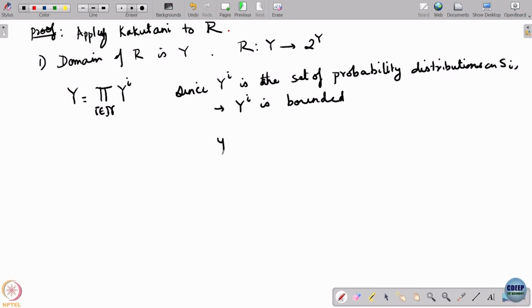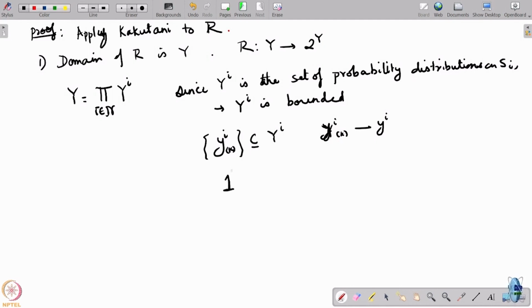Why? Because you can see that if I take vectors yi^k, these belong to capital Yi, and suppose they converge to some yi as k tends to infinity.